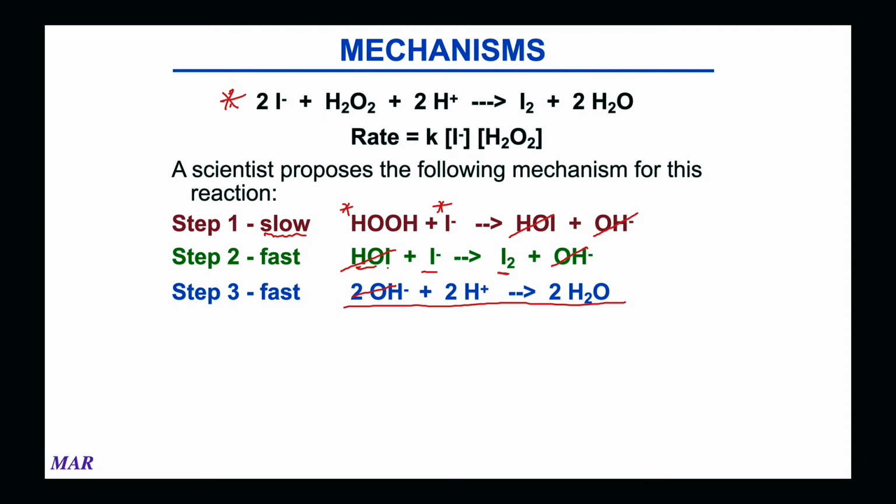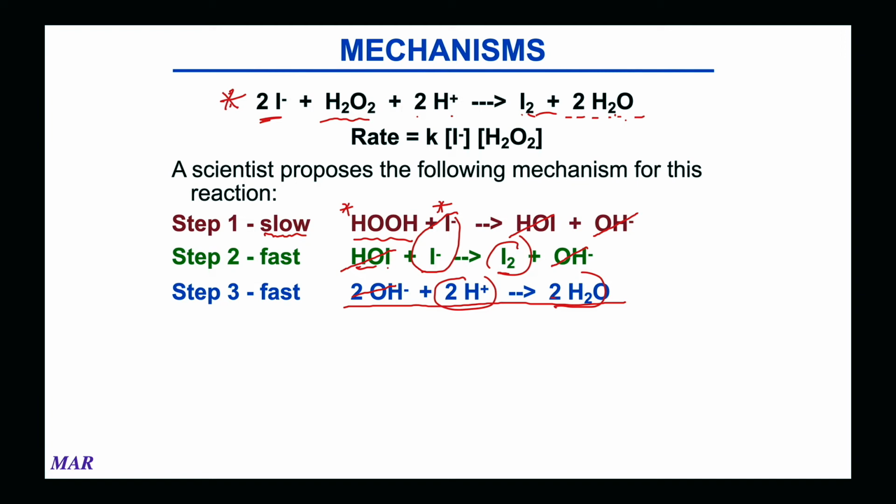We have H2O2, which is good, just 1 H2O2. We have 2 iodides, which are right there. We have 2 H pluses, which are right there. That makes iodine and 2 waters, which are both right there. Hey, that part of this mechanism is good. All of those individual steps combined together give you the overall reaction.